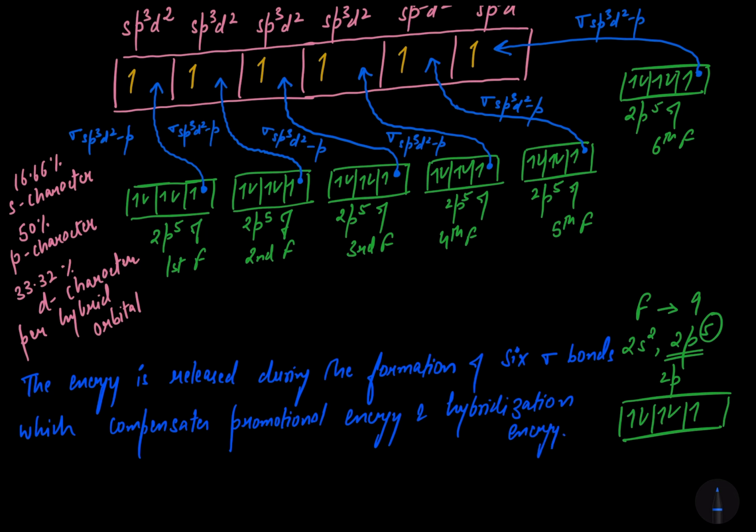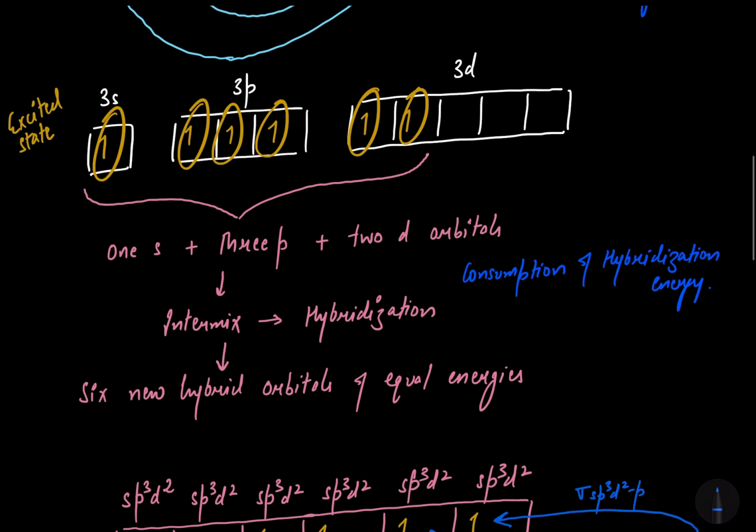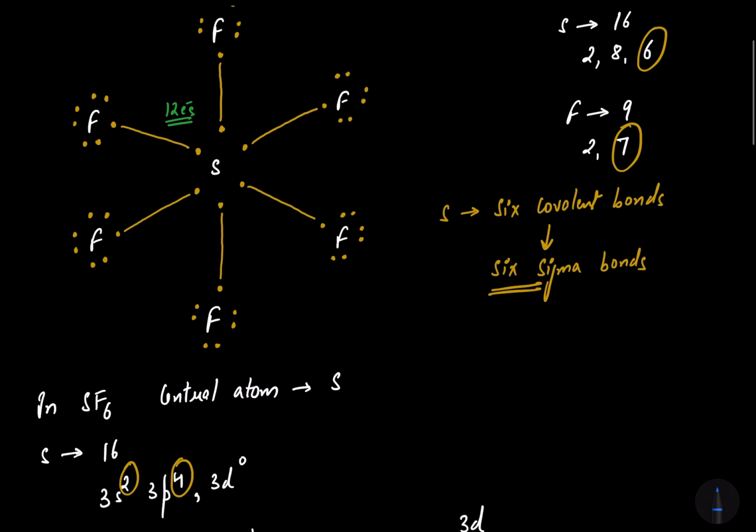As both of the endothermic energies, that's the promotional energy and hybridization energy, are compensated during the formation of 6 new sigma bonds, that's why the formation of sulfur hexafluoride SF6 is chemically feasible or practically possible. So that's all about the hybridization of SF6 or sp3d2 hybridization.